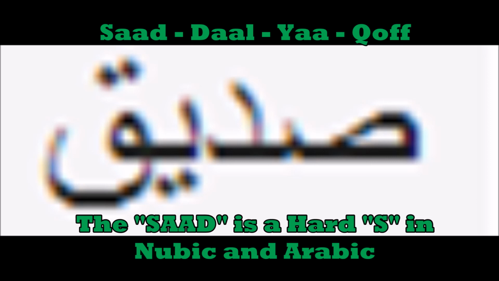Again, this sound comes to us from Nubic and also from Arabic, where the word for friend is also sodok or sadiq, right? So it's a heavy S or a hard S. It's used when the S is usually low.